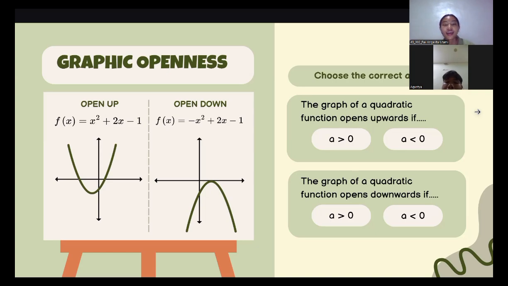Since a is less than 0, the parabola opens downward. So, the rule is: if a is greater than 0, the parabola opens upwards. If a is less than 0, it opens downwards. Now, let's check the answer on the next slide.